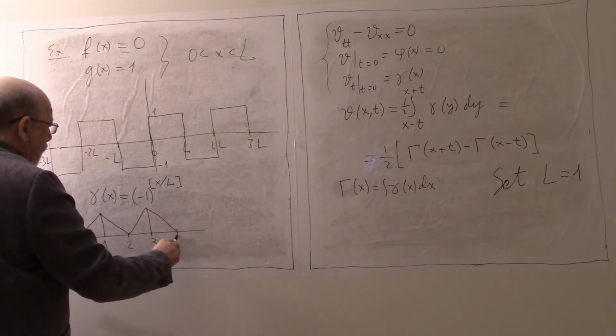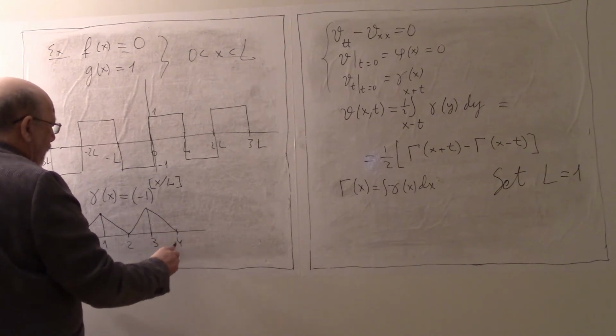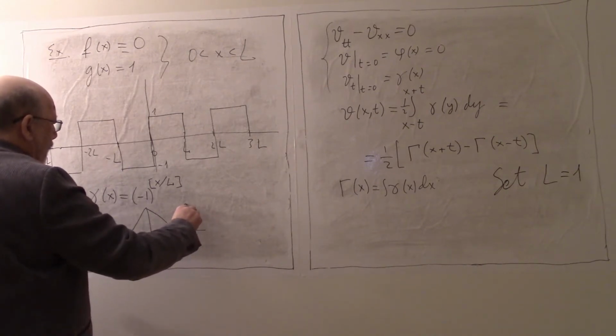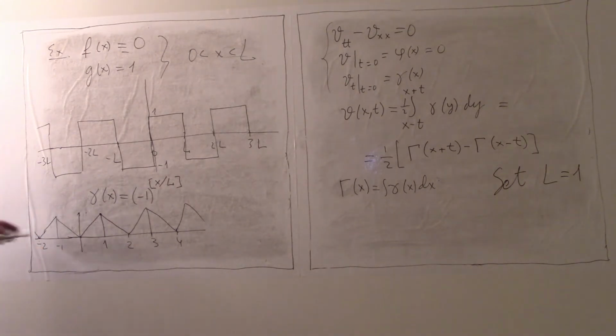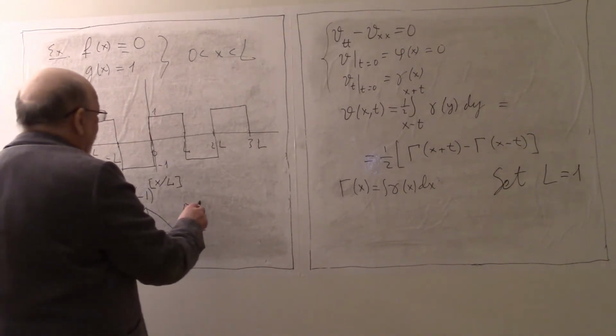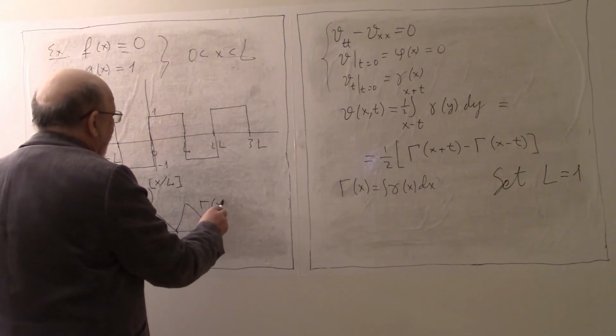At the point 4, it is 0, and so on. It is minus 1, minus 2, and so on. So we see this function. Okay, this function is gamma of x.